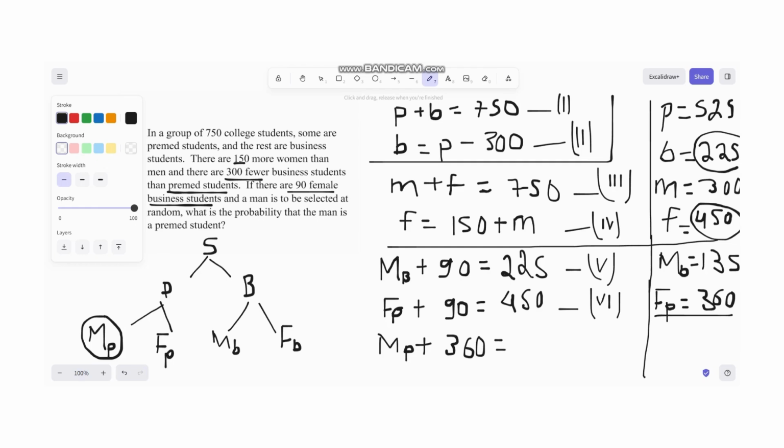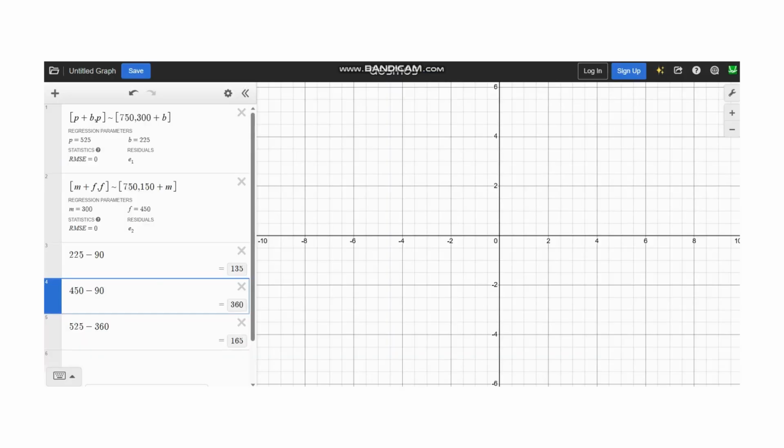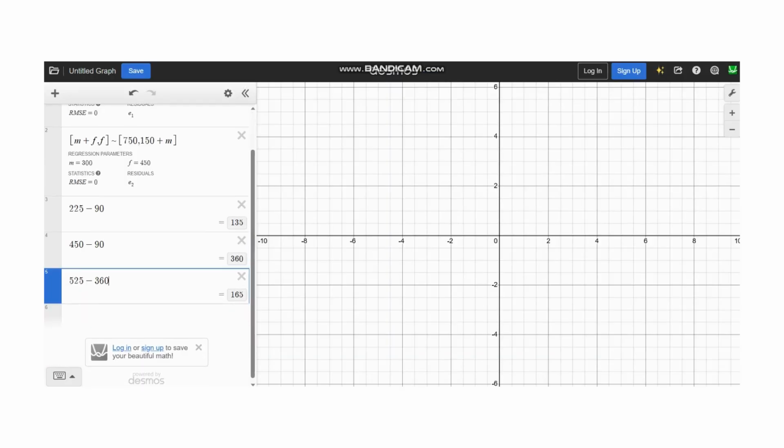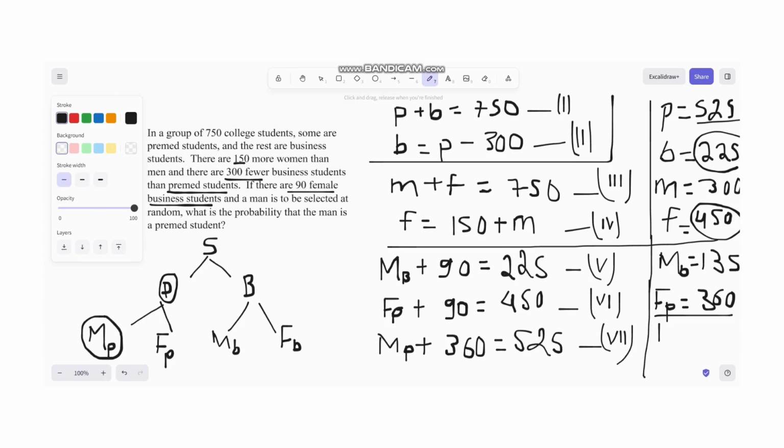That equals total number of prim students, which is 525. This is our equation 7. And on solving this, you'll get 165. That is, number of male prim students equals 165. Now we've summarized all the values.